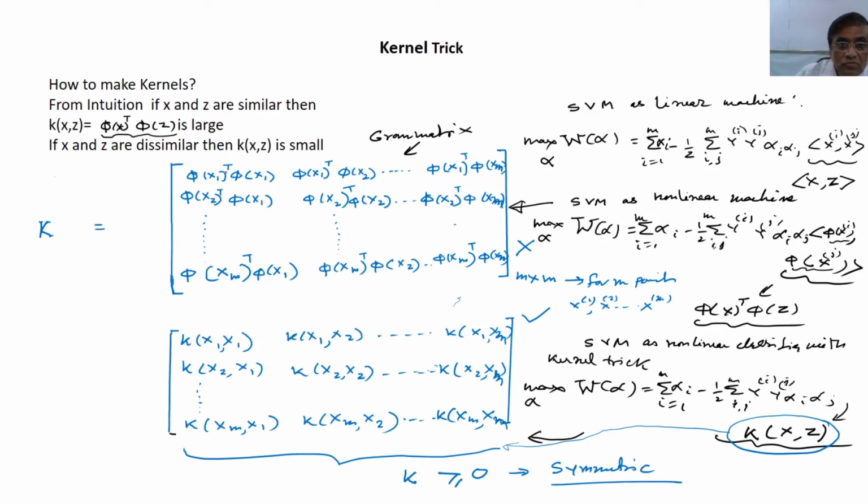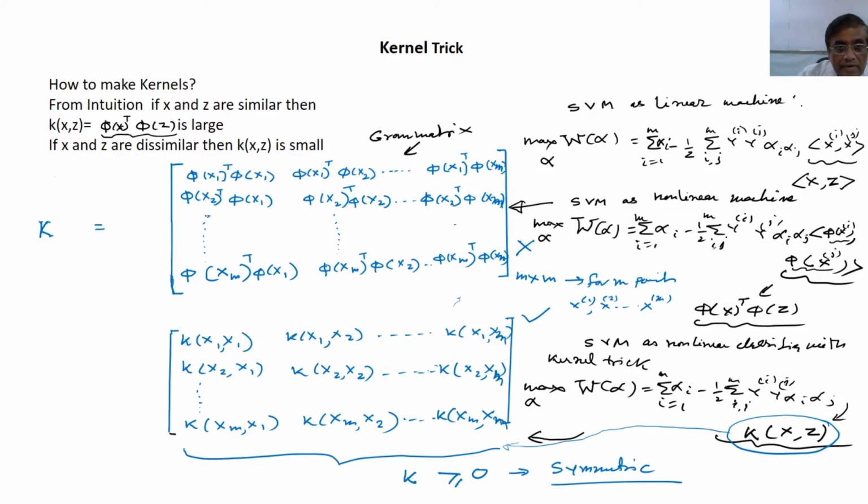So, we can check by formulating a matrix like this: phi x1 transpose phi x1, then phi x1 transpose with all the other samples up to phi xm. Second row, phi x2 transpose phi x1, then phi x2 transpose with all the other samples.